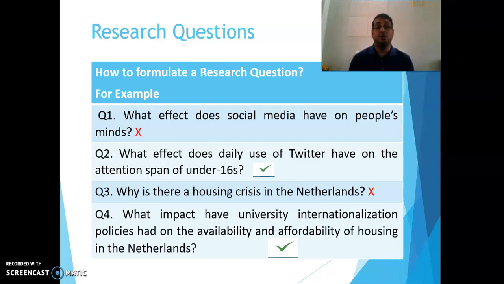So do not start your research question with why. There are too many possible answers and no clear starting point for research. By targeting just one aspect of the problem and using more specific terms, the fourth question offers a clear path to finding an answer.